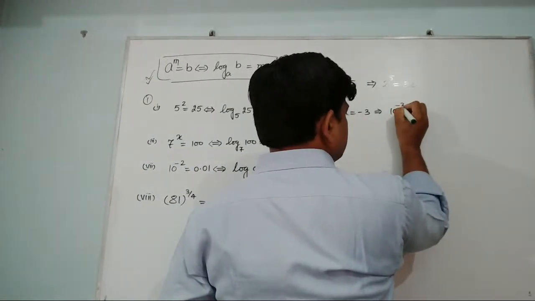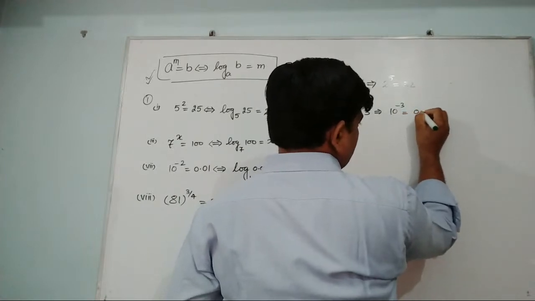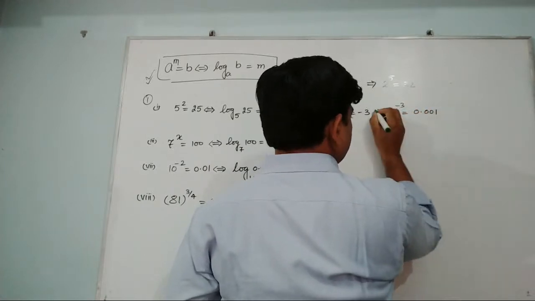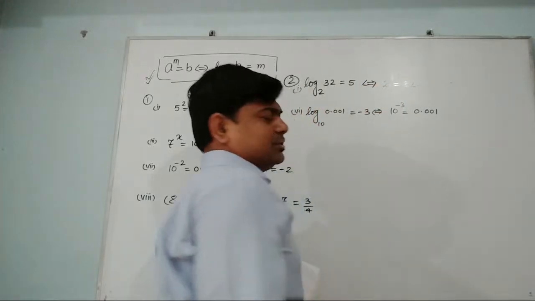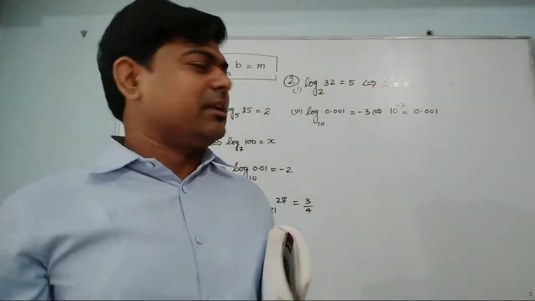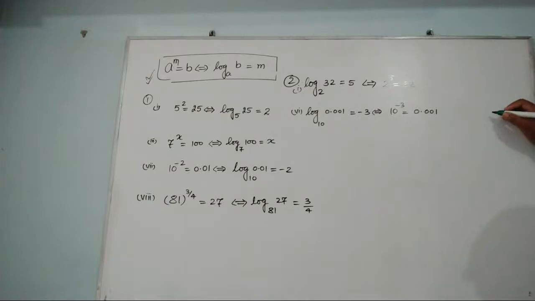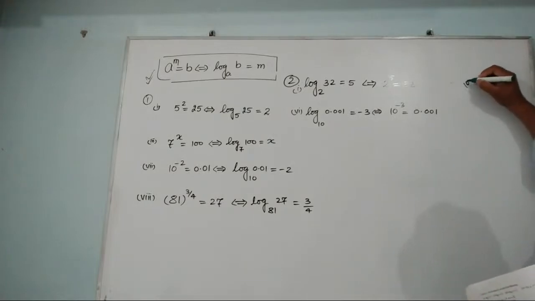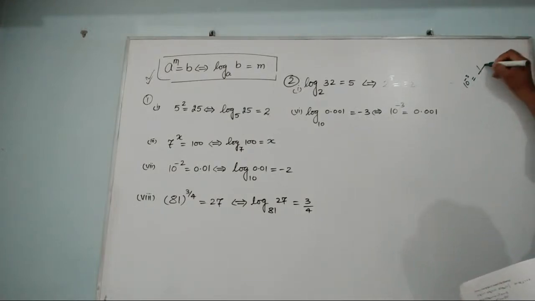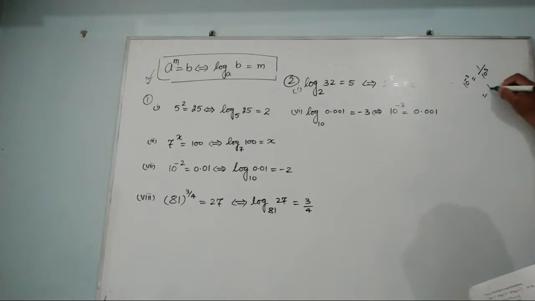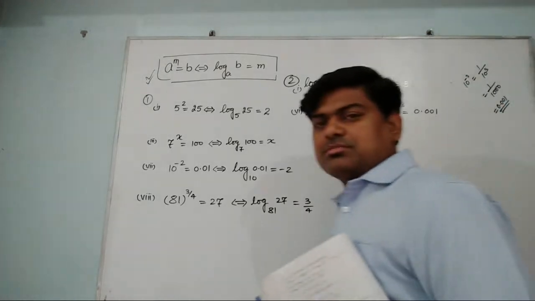That will be 10 to the power minus 3 is equal to 0.001, and it is 100% correct. We know very well, let me check once again whether whatever we have written is correct or not. If I am writing somewhere 10 to the power minus 3, it can be written as 1 upon 10 to the power 3, it can be written as 1 upon 1000, it can be written as 0.001.